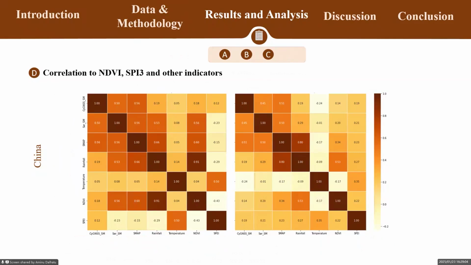Here we can see that NDVI showed a consistent positive correlation with all soil moisture variables, SiteGNSS, SMAP, or SAR.